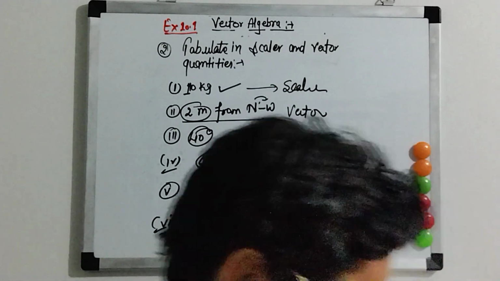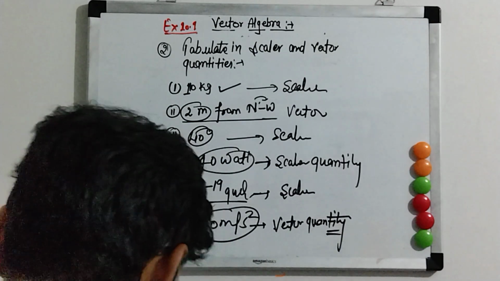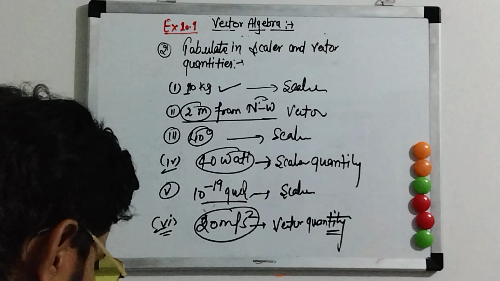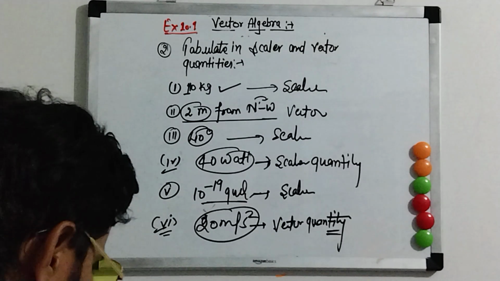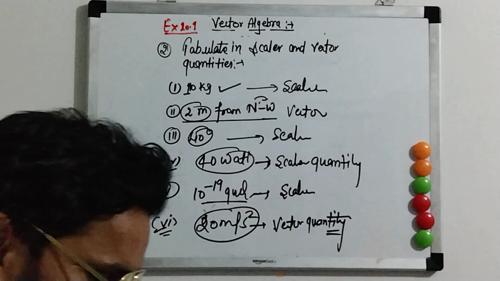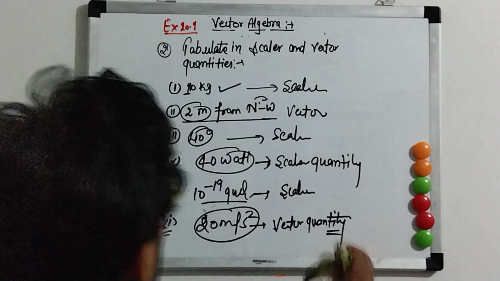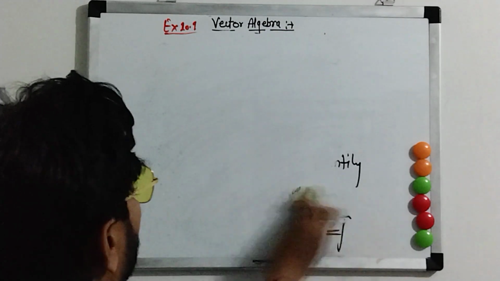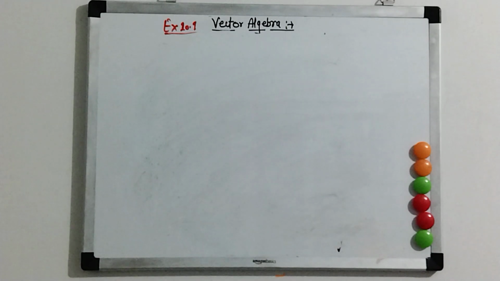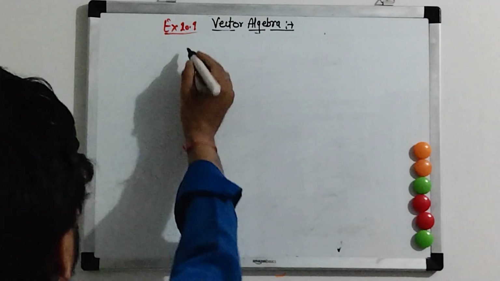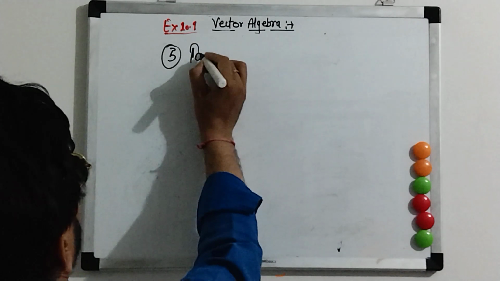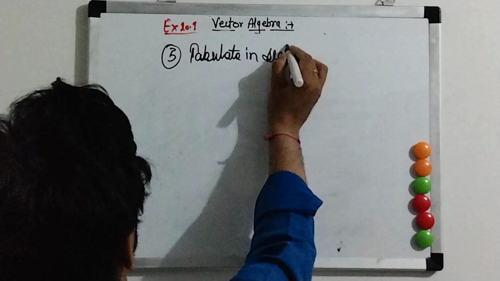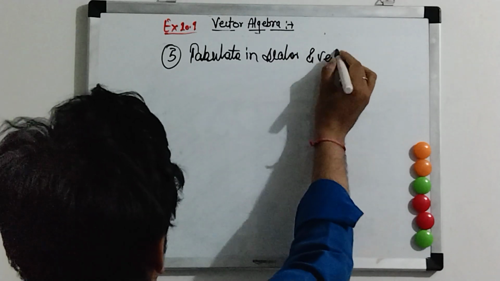Now the third sum. What is the third sum? Tabulate in scalar and vector.